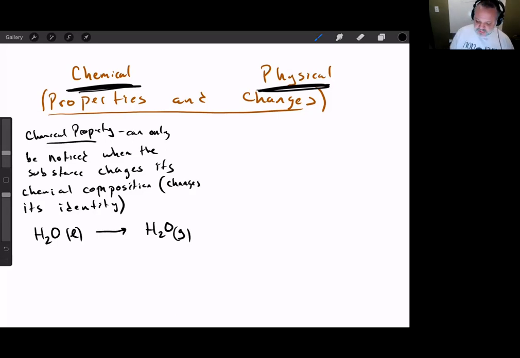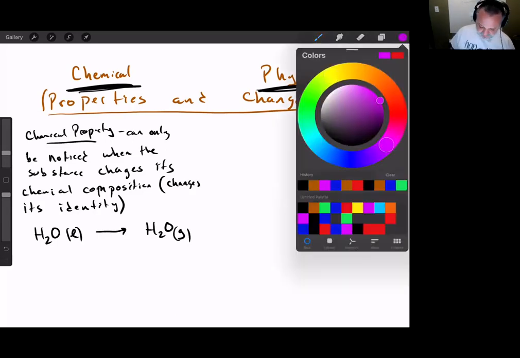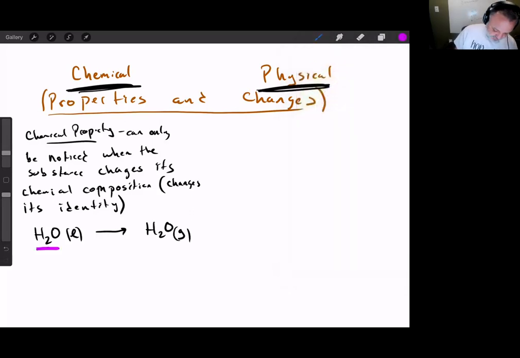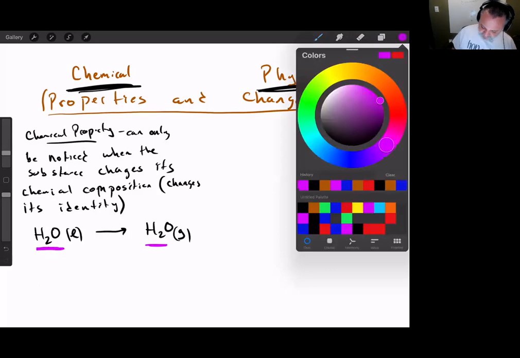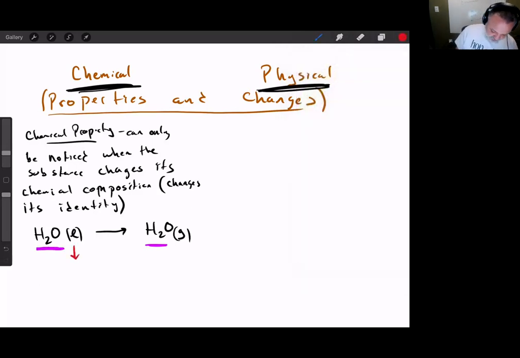So did it change its identity? Its identity is its formula. What does this symbol mean? This is its state. The formula is its identity.